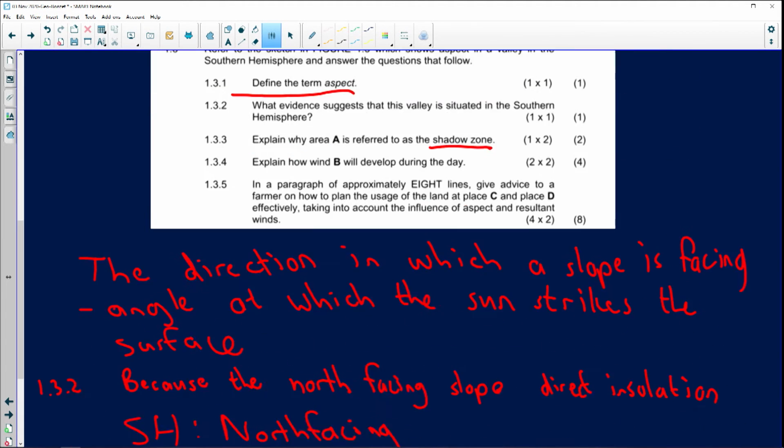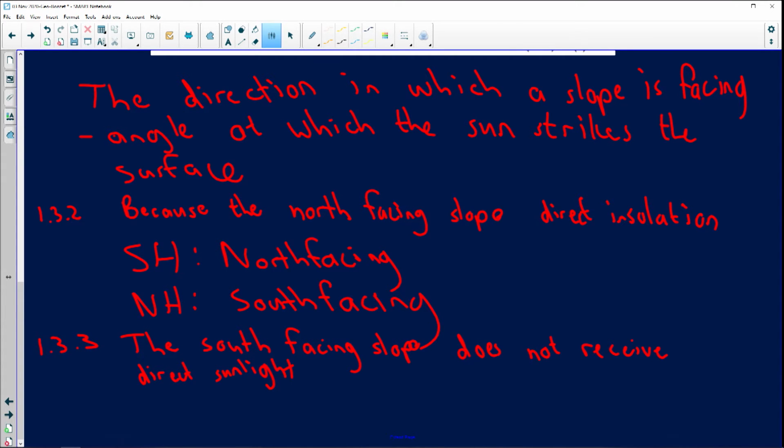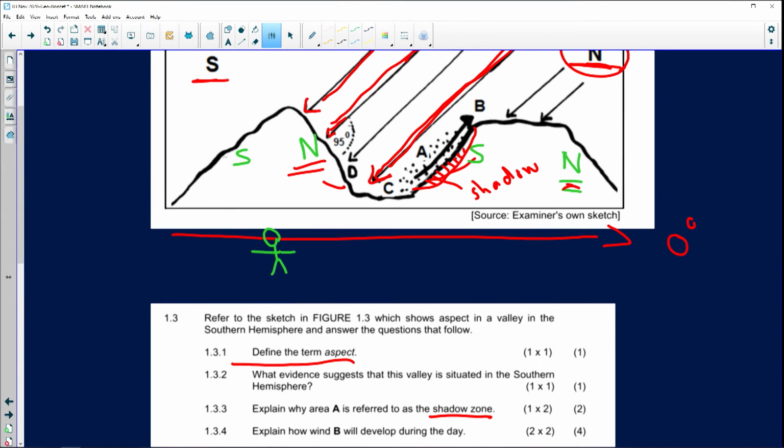So at 1.3.3, we can mention the south-facing slope does not receive direct sunlight. So it will be cast in a shadow zone.